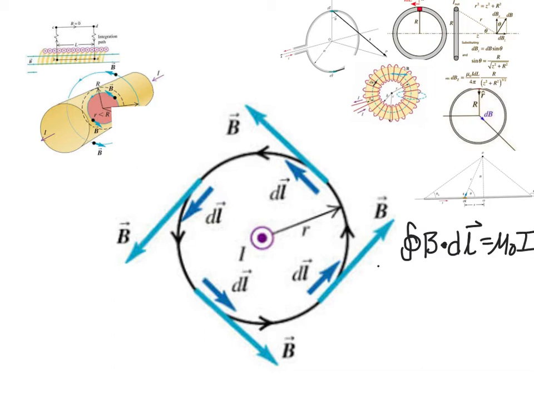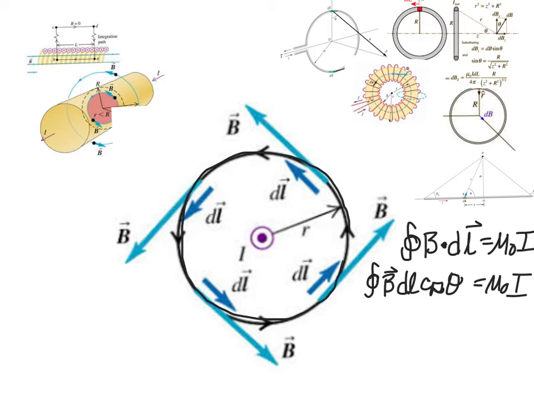And so what we're doing is the integral of B times dl times the cosine of the angle between them equals mu naught I. Now, we're going to draw a loop which is a circle. We can choose whatever loop we want. In the last problem, the rectangle matched the symmetry of the problem.